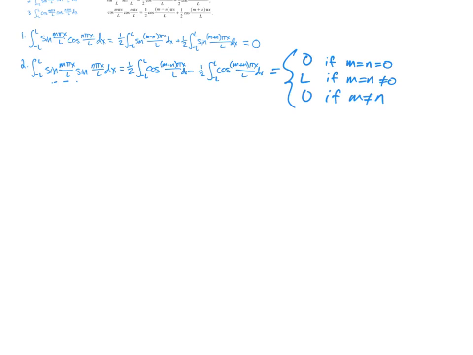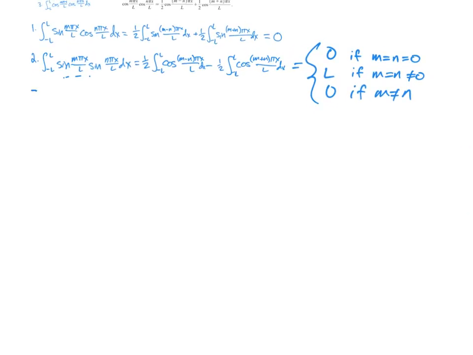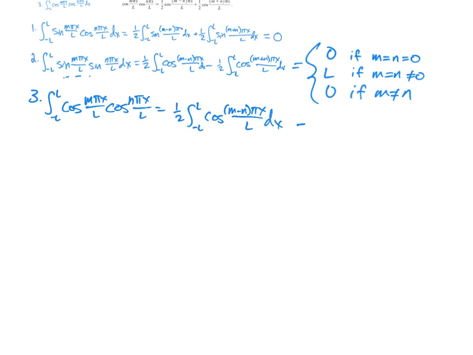Okay. And then our last one is going to be really similar. So we've got the integral from negative L to L of cosine m pi x over L cosine n pi x over L, and this equals 1/2 the integral of cosine (m minus n) pi x over L dx plus 1/2 the integral of cosine (m plus n) pi x over L dx.